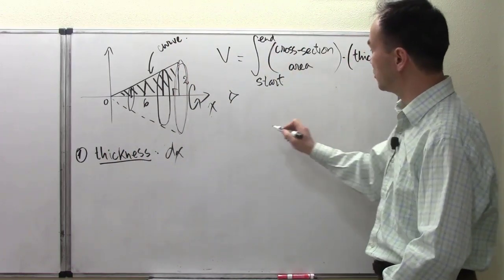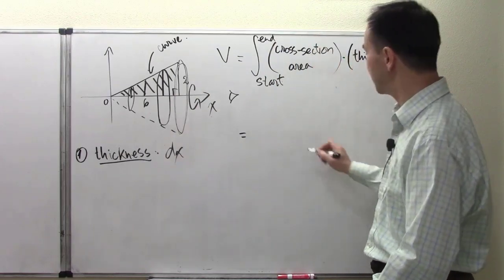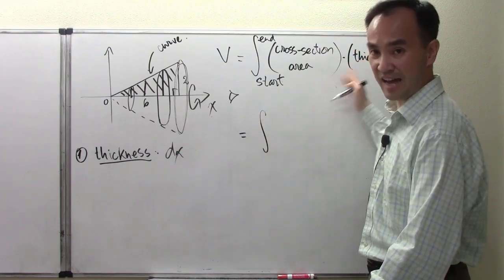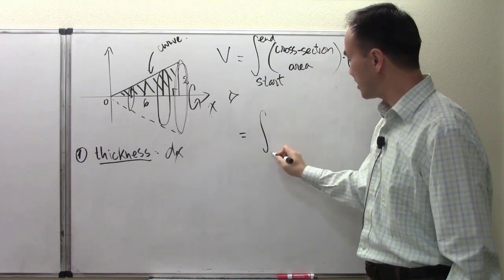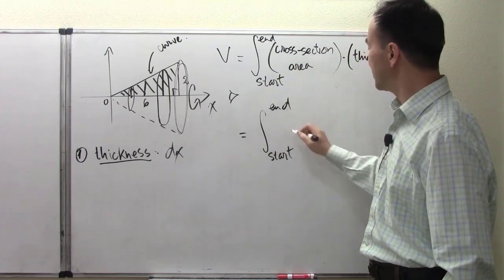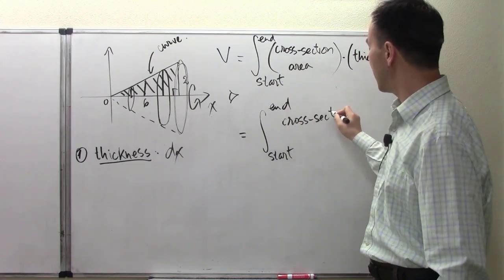Just like any of the examples I gave in the general lecture, once we recognize dx as the thickness, we immediately revise our fundamental idea about the accumulation here. The accumulation is still going from a start to an end. We're still going to have to find our cross-section area.